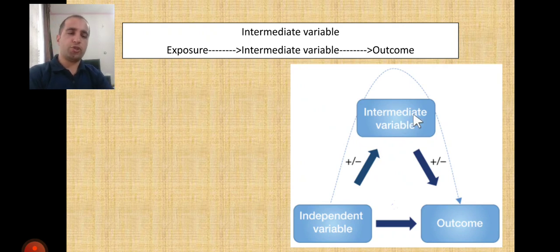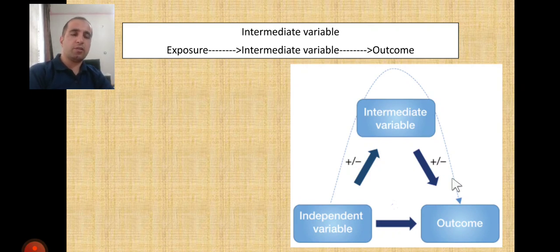Sometimes the exposure explains its effect on the outcome completely through the intermediate variable, but sometimes not so. So sometimes the exposure shows its effect completely through the intermediate variable, but sometimes it partly shows its effect on the outcome. So in the two scenarios, what will happen if we control for the intermediate variable? This is the question.